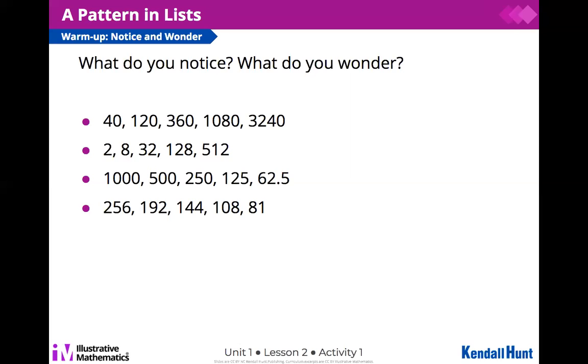All right, so you're looking at this list, and maybe one of the things you noticed is that in the first 2 lists, the numbers are getting bigger, and in the second 2 lists, the numbers are getting smaller.